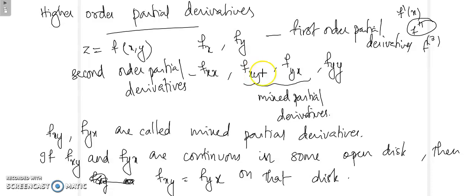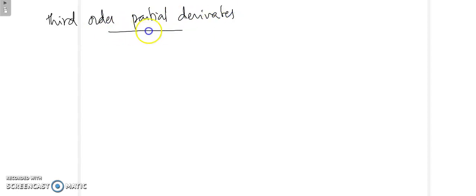Okay, so that is the second order partial derivatives, and similarly you can define the third order partial derivatives. So third order partial derivatives, they will be 8 in number.